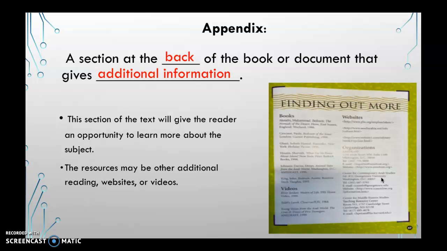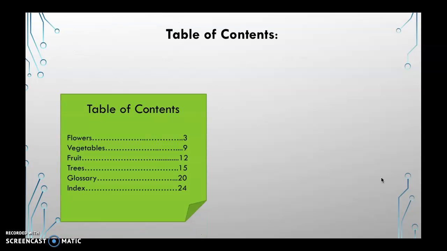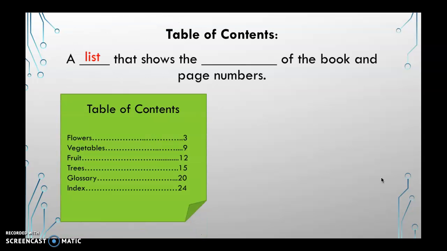And it may list additional resources such as other texts that you can be reading, websites that you can be visiting, or videos that you can watch. And this section can be very helpful when you're doing research projects because you can then find more information about that specific topic.